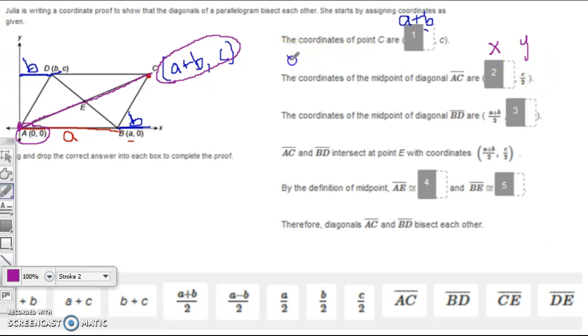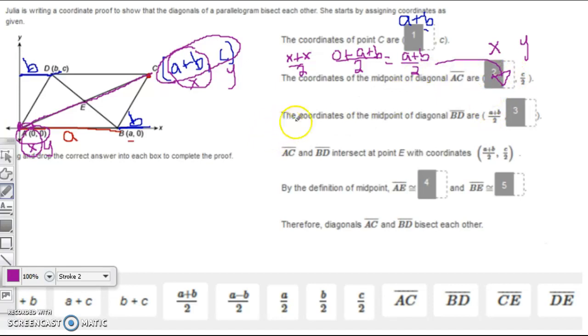We just have to do x plus x divided by 2. So I'm going to label my ordered pairs. If I did my x plus my x, I would have 0 plus A plus B all divided by 2. So that reduces to just A plus B divided by 2.